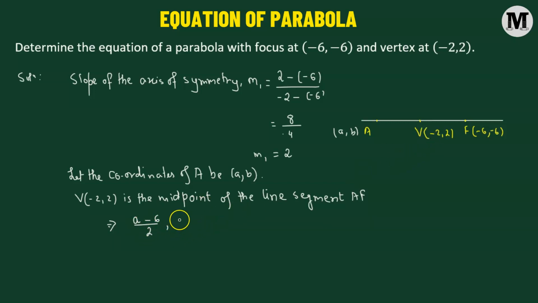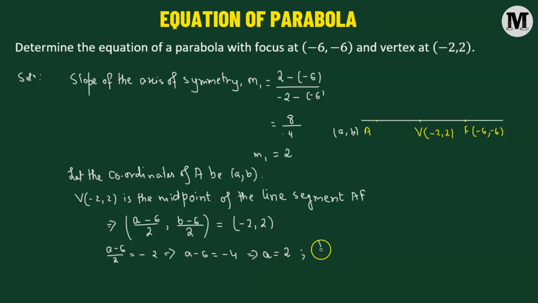For the y coordinate, we take the sum of the y coordinates of point A and point F. So we have (a - 6)/2 and (b - 6)/2, which equal the coordinates of the vertex, (-2, 2). Now we equate the x coordinates as well as the y coordinates. So (a - 6)/2 equals -2, which implies a - 6 equals -4. That gives us the value of a: 6 minus 4 equals 2.